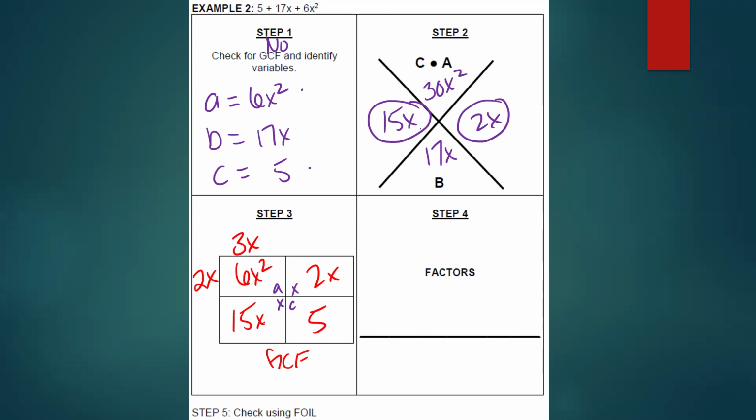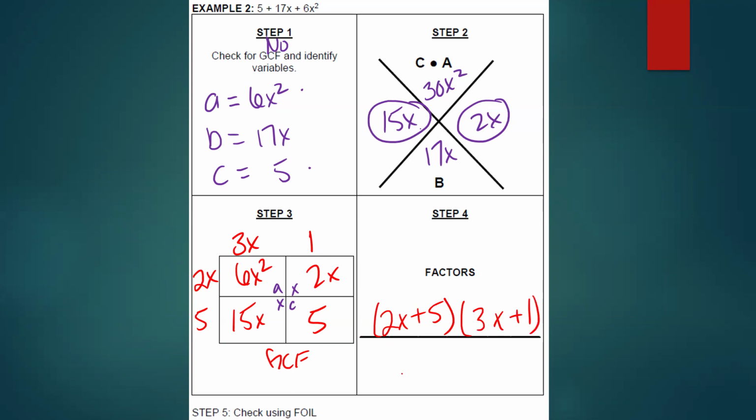The inside doesn't matter, but once you find the greatest common factor, it's going to play itself out. What's 15x and 5? What's their GCF? 5. And what's the GCF between 2x and 5? Do they have one? It's just 1. So my answer is 2x plus 5 times 3x plus 1.